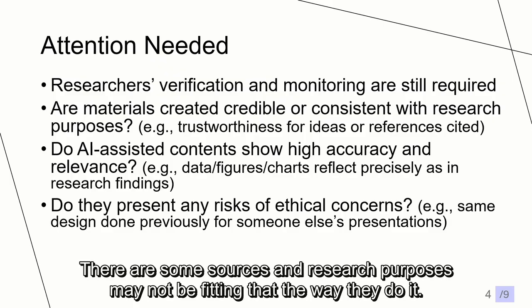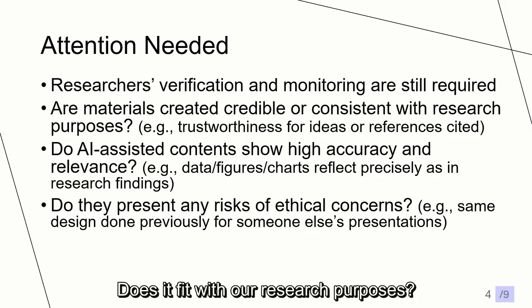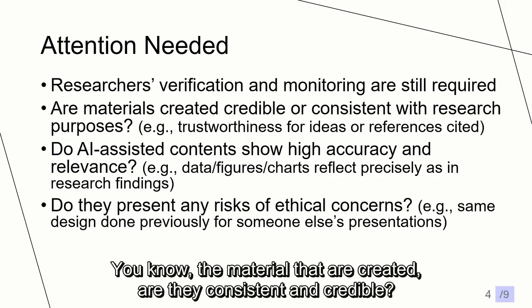There are some sources whose way of doing things may not fit our research purpose. We need to make sure that it's consistent with what we do. Does it fit with our research purposes? The material that is created, is it consistent and credible?